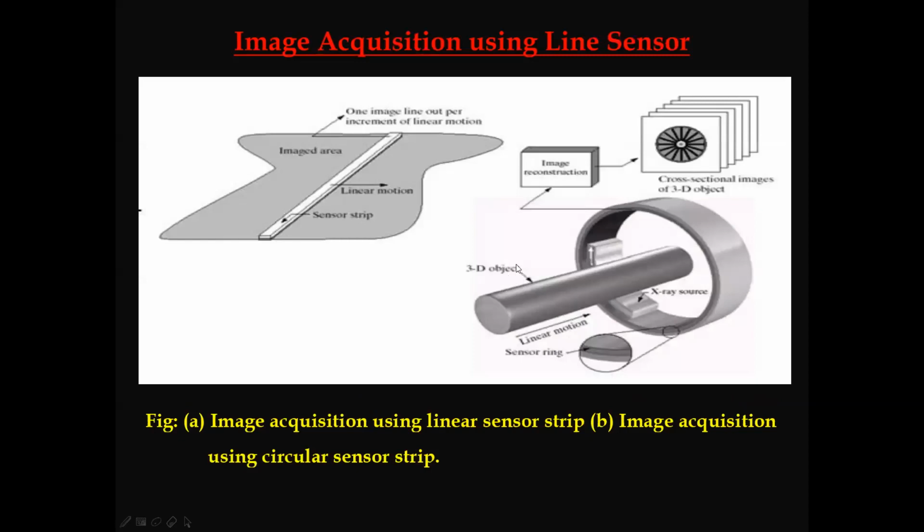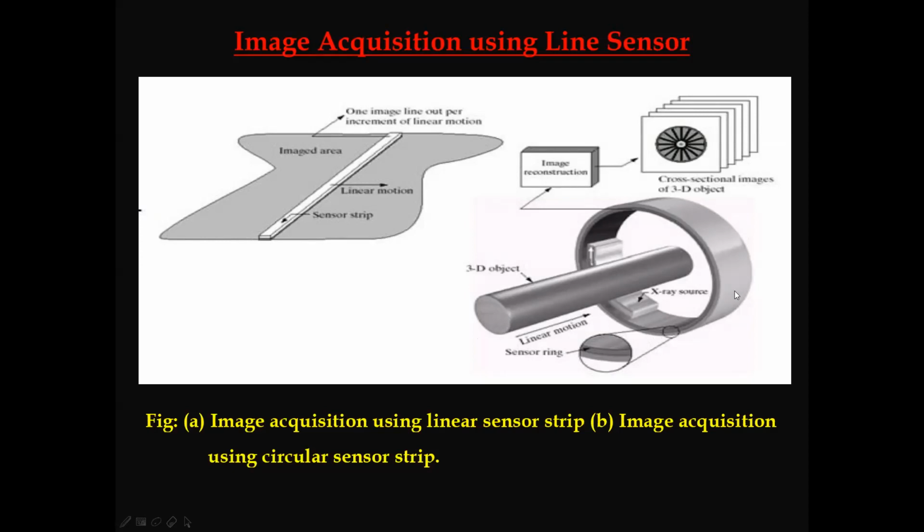Next, coming to image acquisition using a line sensor. Generally, this type of line sensor we can observe in Xerox machines and also in MRI machines, magnetic resonance machines. This is the line sensor, and you can see the arrangement of an MRI machine. This is a 3D object, which is nothing but a flat blood, and here we have a sensor ring.